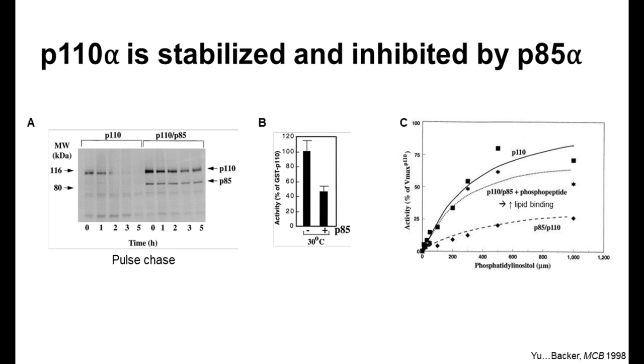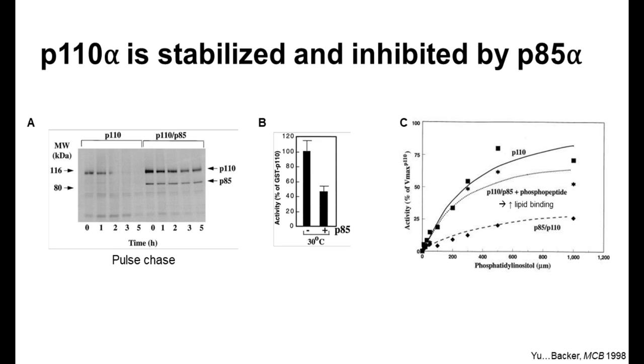This is a pulse chase, showing that P110 by itself degrades at about 2 hours, while in the presence of P85, this complex is stable for at least 5 hours. This increase in stability correlates with a decrease in activity, as shown in panel B and quantified in panel C, where P110 by itself has high catalytic activity.